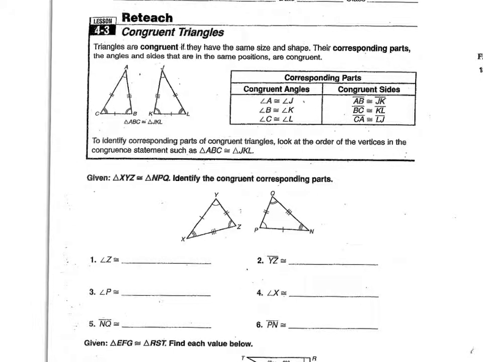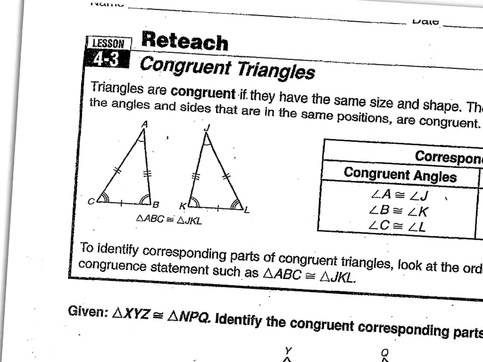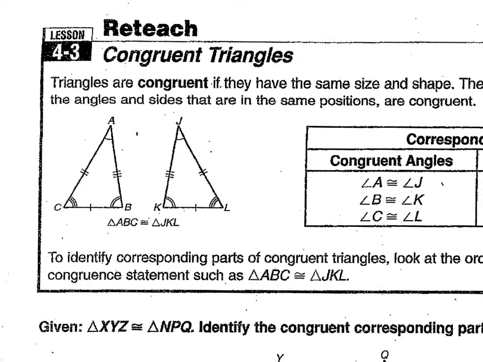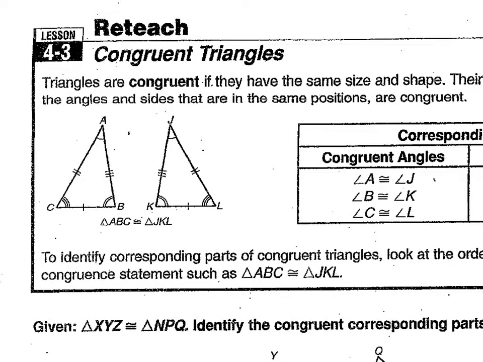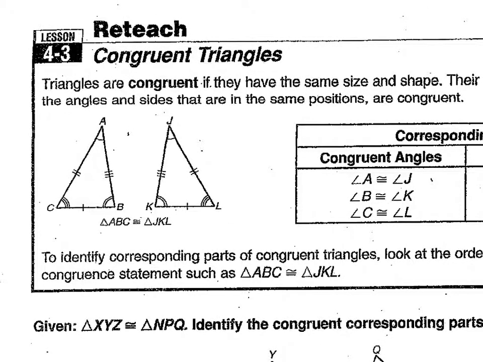Okay, in section 4.3, we're talking about congruent triangles. And what you need to keep in mind is that triangles are congruent if they have the same size and the same shape. Okay, so you can highlight it if you have a highlighter, or you can just underline that.